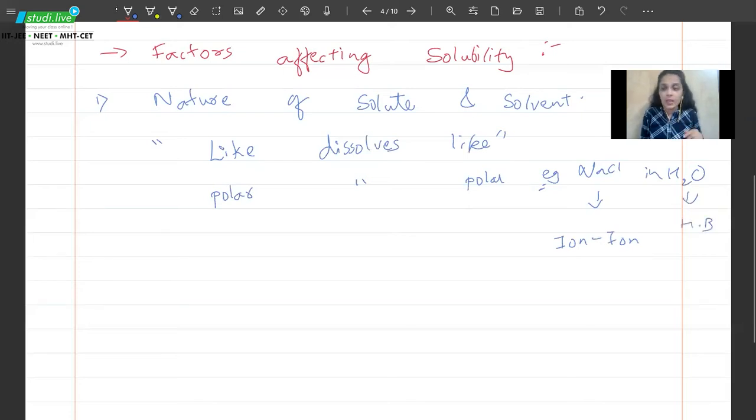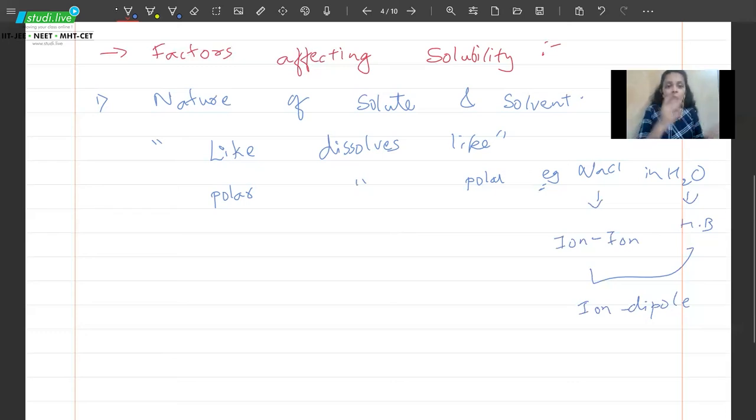They both combine to form what? Ion-dipole interaction. So simply we can say, when I say like dissolves like, the interactions between solute-solute, solvent-solvent and solute-solvent are all almost equal in magnitude. Because of that, they get dissolved in each other very easily.